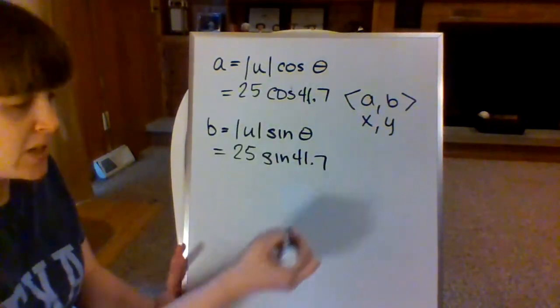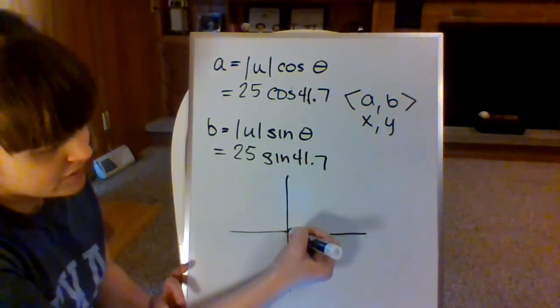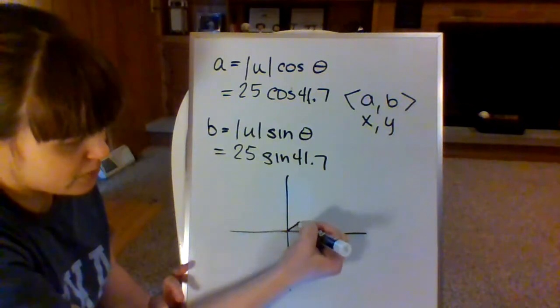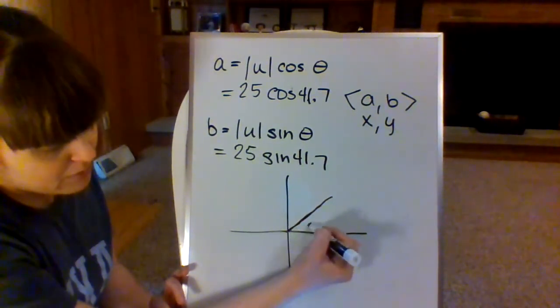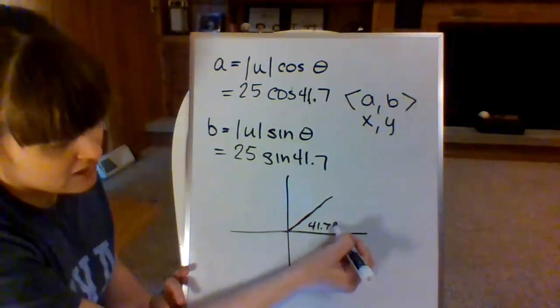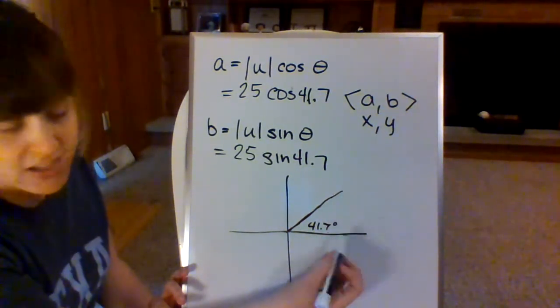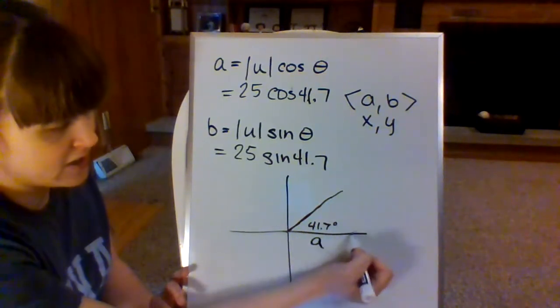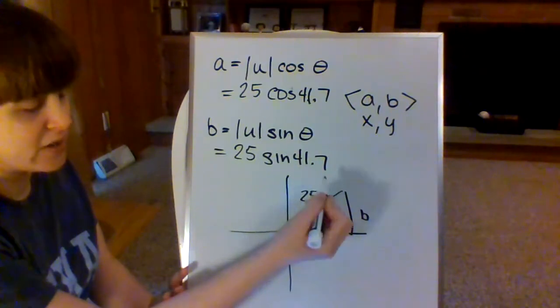If you had a picture of this, this is a very rough sketch, so bear with me, our angle here would be 41.7 degrees, and I don't know what A and B are yet. This is like A, up is like B, but I do know that its distance here is 25.